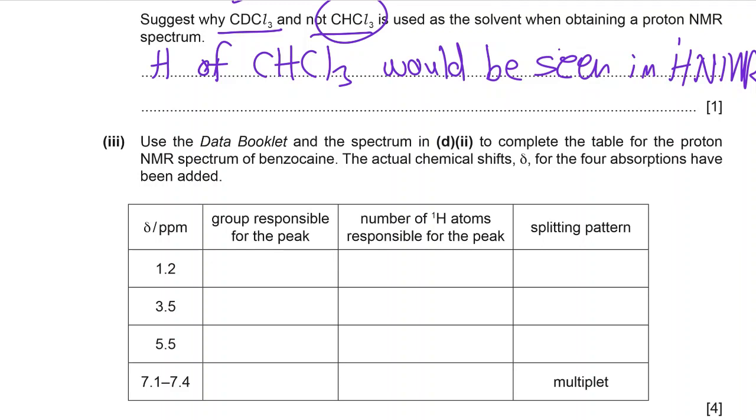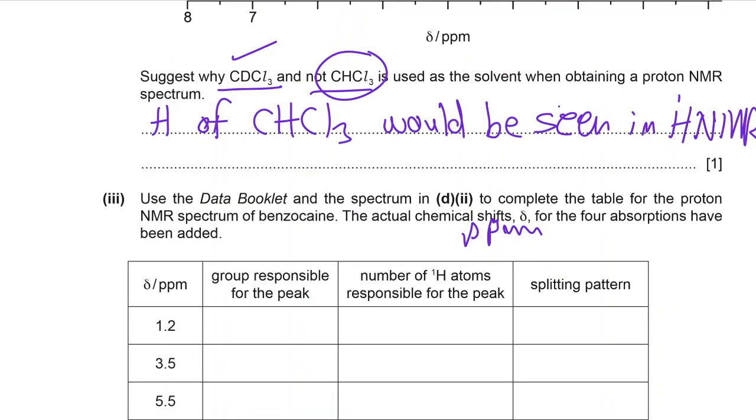Here, use the data booklet and the spectrum in the previous question to complete the table for the proton NMR spectrum of benzocaine. The actual chemical shifts, or sometimes we say parts per million, for the 4 absorptions have been added.